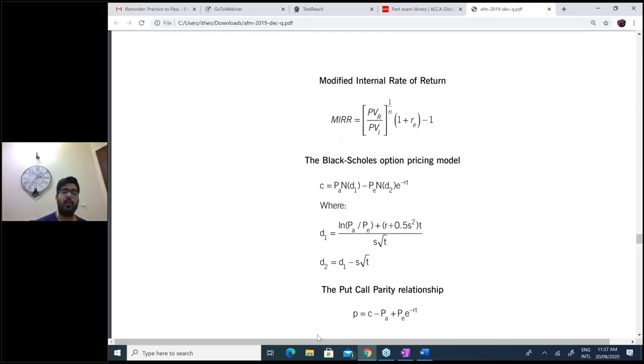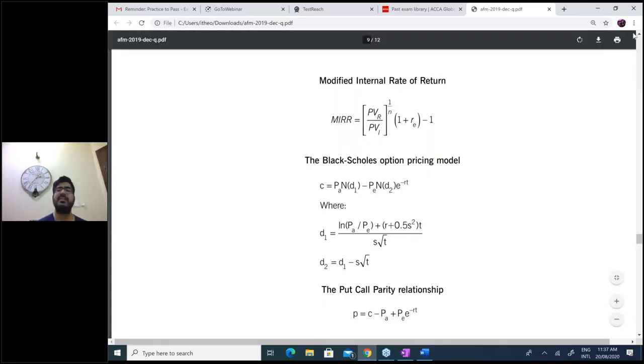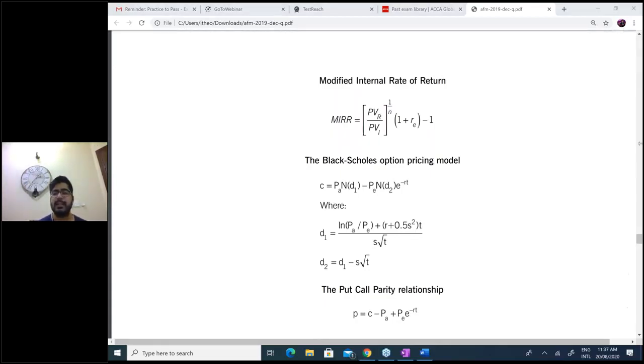Okay. Now, whenever we teach this topic in the classes as well, people ask, and I have a question here as well: how are these formulas derived?